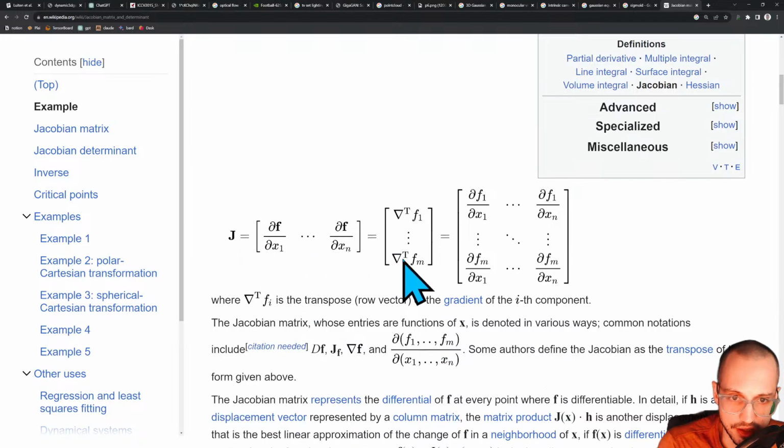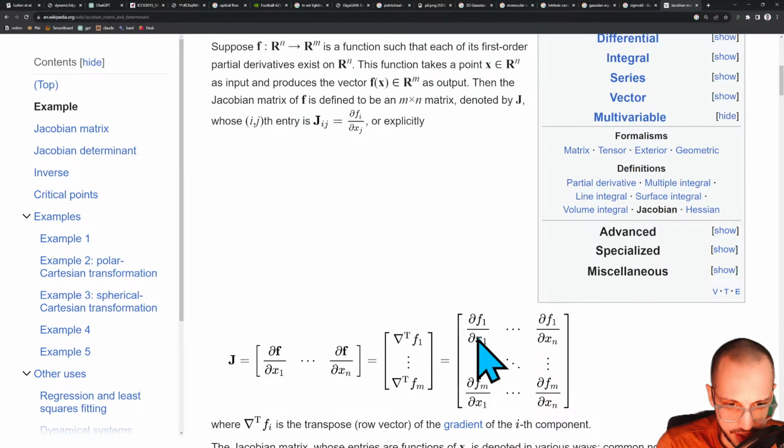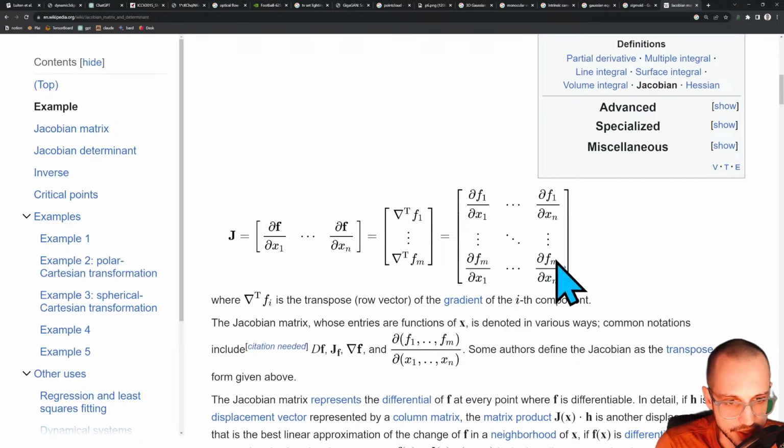Then the Jacobian would be df1/dx1 all the way to df1/dxn, and then dfm/dx1 all the way down to dfm/dxn. I think I said that incorrectly, but largely it's just this giant matrix of partial derivatives.